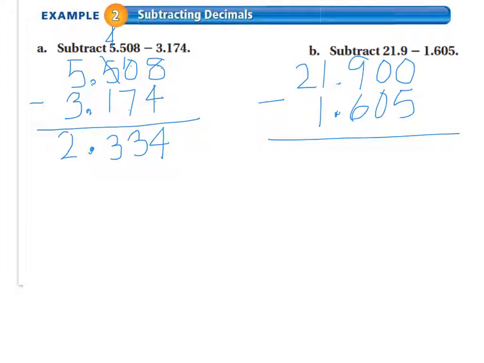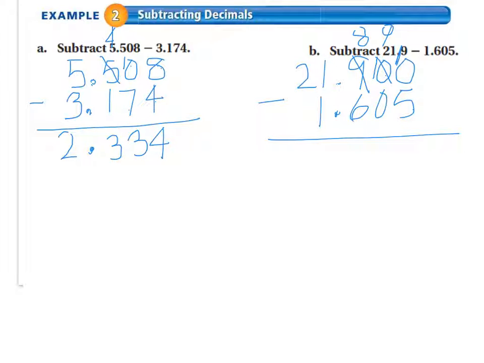0 minus 5, I'm going to need to regroup. There's nothing here, so I need to go all the way over to here and take one out of there. That makes us have 10 hundredths. And then I can take one of those out and transfer it to the thousandths place.